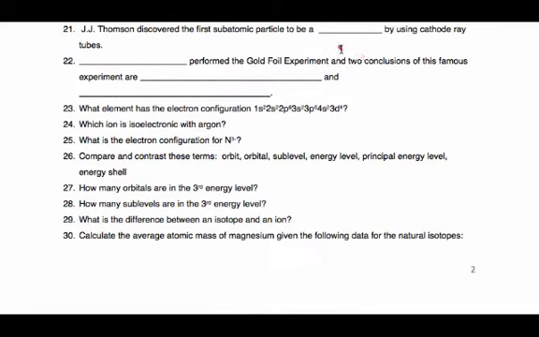J.J. Thomson discovered the first subatomic particle to be an electron by using cathode ray tubes.